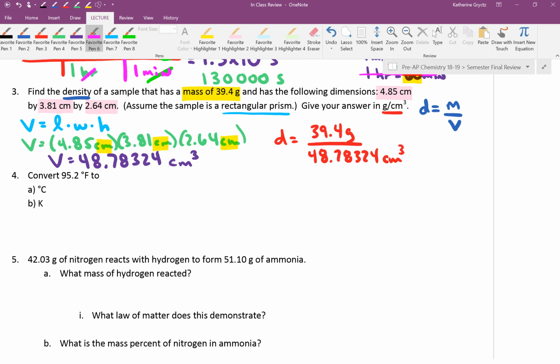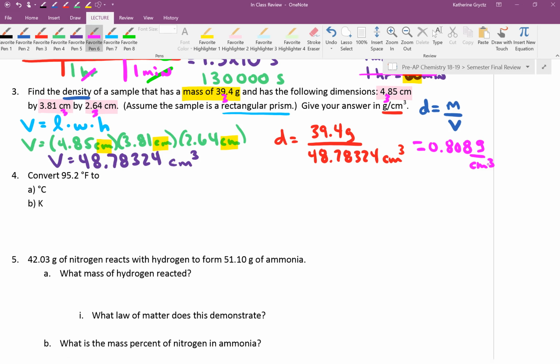Each one of those has 3. This number has 3, this number has 3, this number has 3, and this number has 3. So we're going to give 3 in our answer. So I'm going to do 39.4 divided by that 48.7. And my answer is 0.808. And my units are grams per centimeter cubed, both of those, because the units don't cancel here, and those are the units that I want.